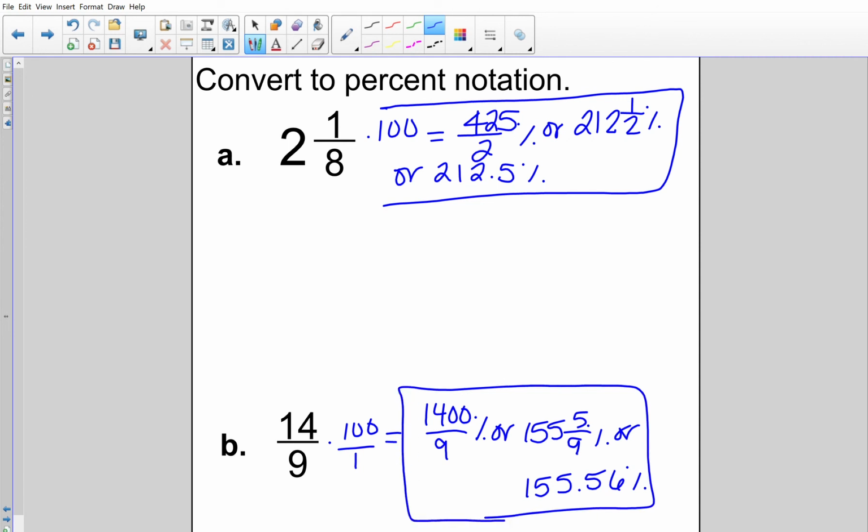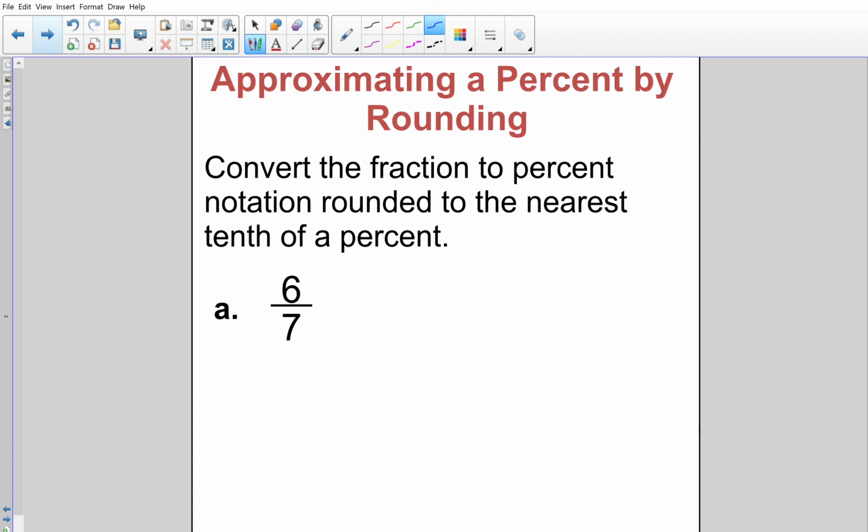So for example, in this one, they want us to actually write it to the nearest 1/10 of a percent. So this one I don't have much choice. I can't do the fraction. I want the decimal. So when I multiply that by 100, I may end up with a fraction. If I end up with the fraction for this one, then what I want to do is toggle it, okay?